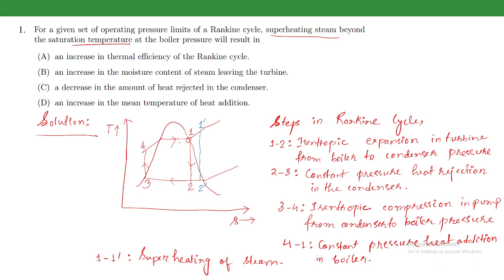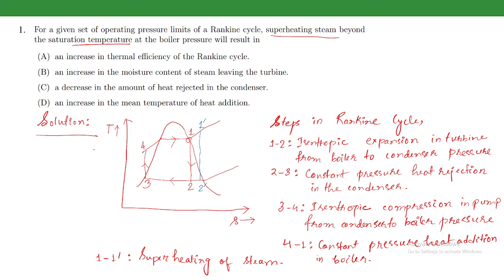When we take an average, suppose this is 100 and this is 150 degrees Celsius, then some of the heat will be added at 100 degrees, then some at 110, then some at 120, and going on, some of the heat will be added at 150 degrees Celsius.